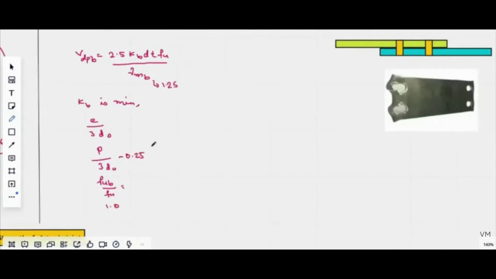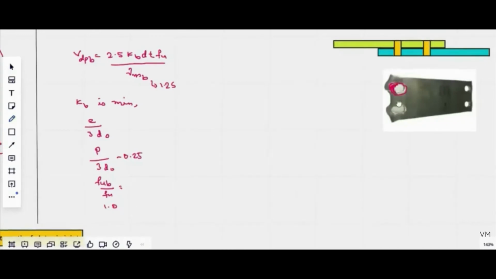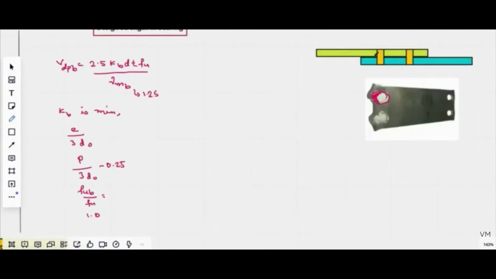So before determining the value of KB, let us see how the failure will occur. This is how the failure is measured for bearing. Generally the plate will deform its position. Bearing occurs when slip is allowed between the plates.